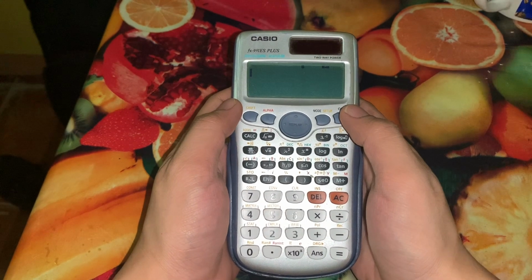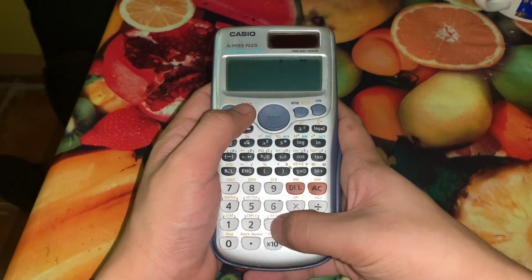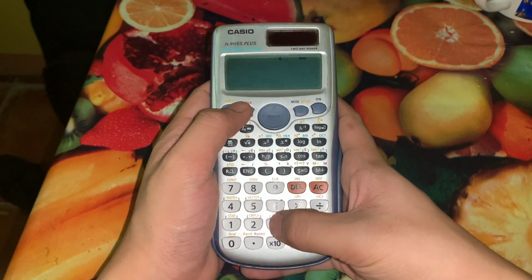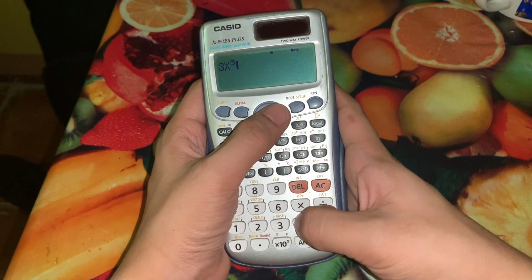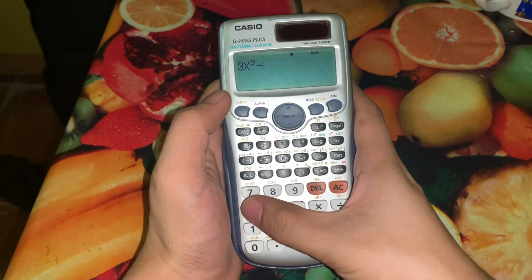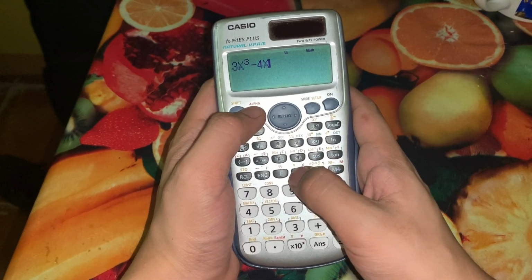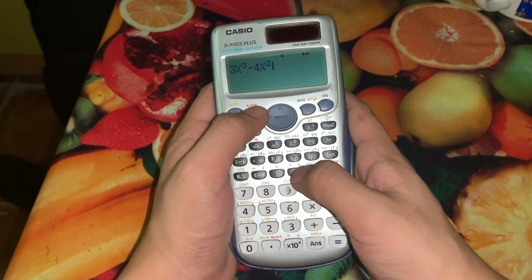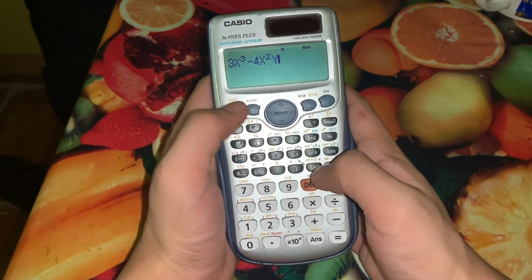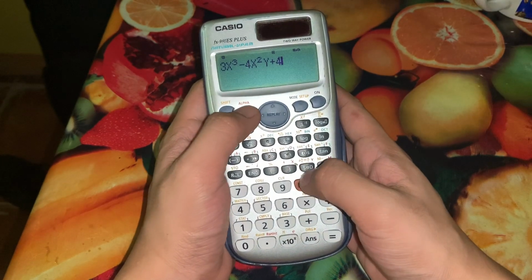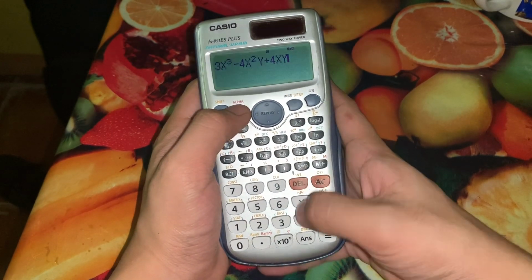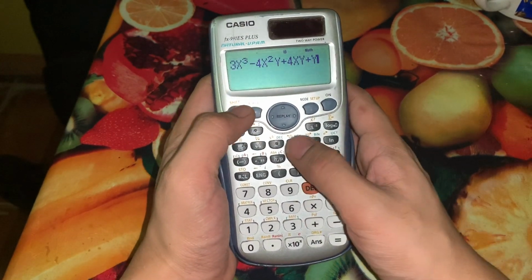Okay, sa calcu, press natin yung given f of x comma y. So we have 3 alpha x raised to the third power, then minus 4 alpha x squared times alpha y, and then plus 4 alpha x times alpha y plus alpha y squared.